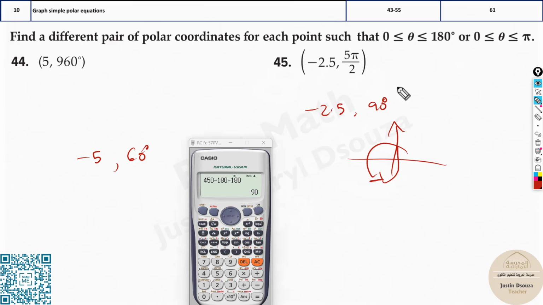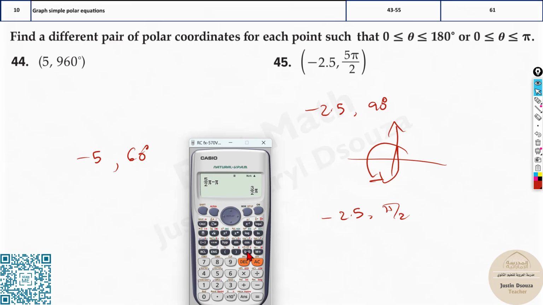But here, since it's in radians, we have to convert this 90 degrees to radians. That will be pi by 2. Or if you're getting confused with degrees to radians, let me just take this value here. 5 by 2 pi. Subtract with pi. That's 180 degrees, right? See, it's 0 to pi. We need to have it within pi.